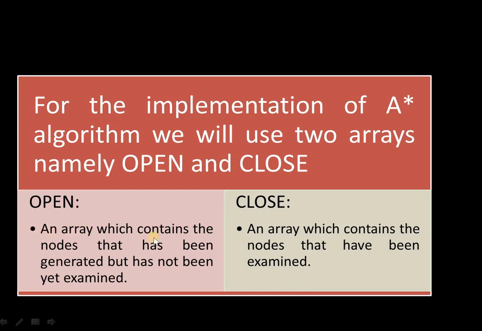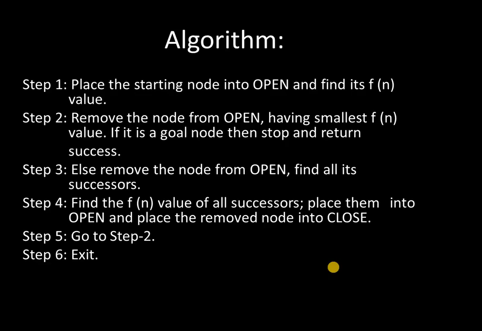So open is an array which contains the nodes that have been generated but not examined, and close contains the values which are already examined or already traversed. Alright, now this is the A-star algorithm. It's very important. Normally in the second module, the questions asked are the repeated ones.